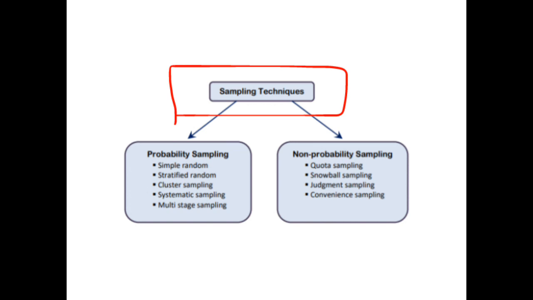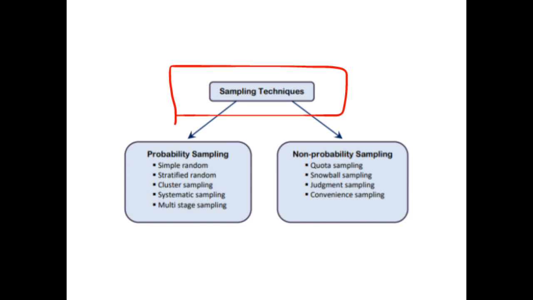In this case, we select few individuals or few things to represent all other things. The data or information will be collected from these few selected individuals, and then at the end, this information will be generalized for the whole population.